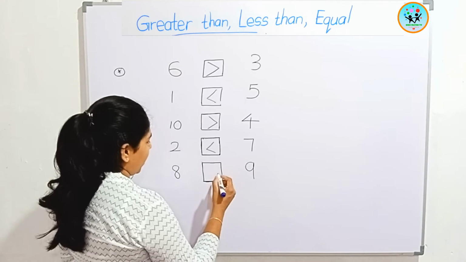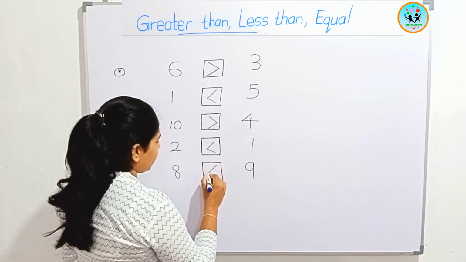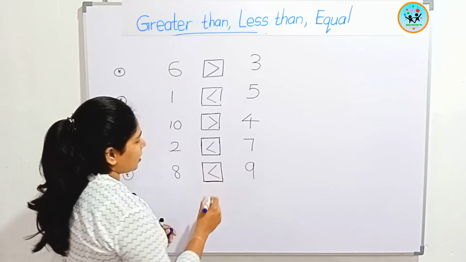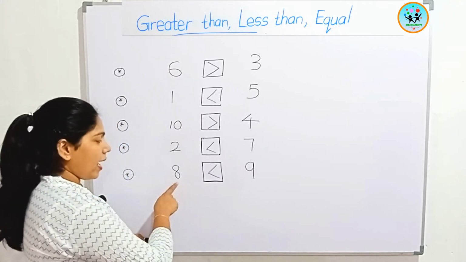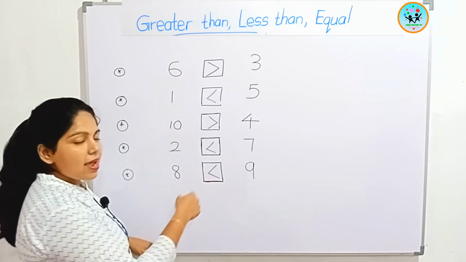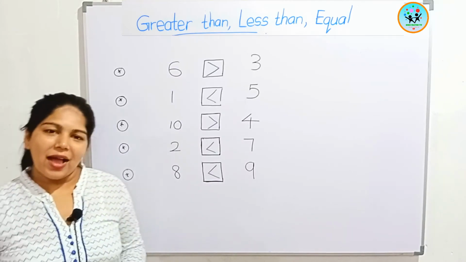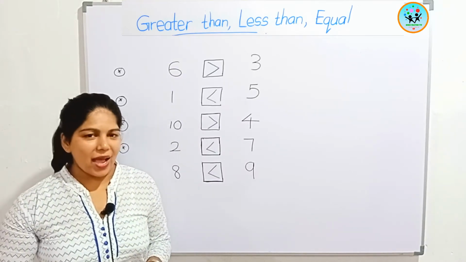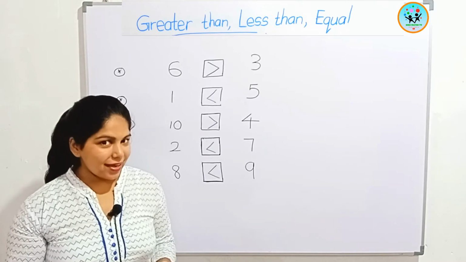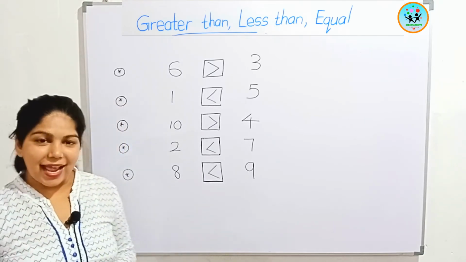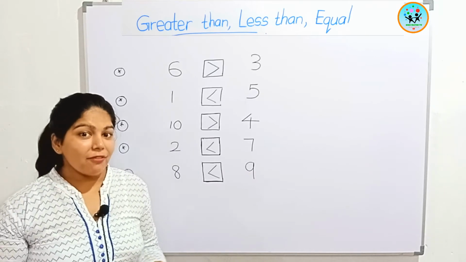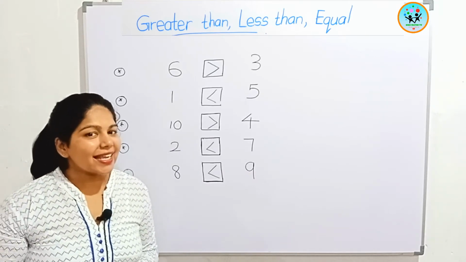Symbol should be placed like this. On the other hand, we can say 8 is less than 9. Okay, students, I know you have a clear idea about greater than and less than. Now you can use the symbol correctly.